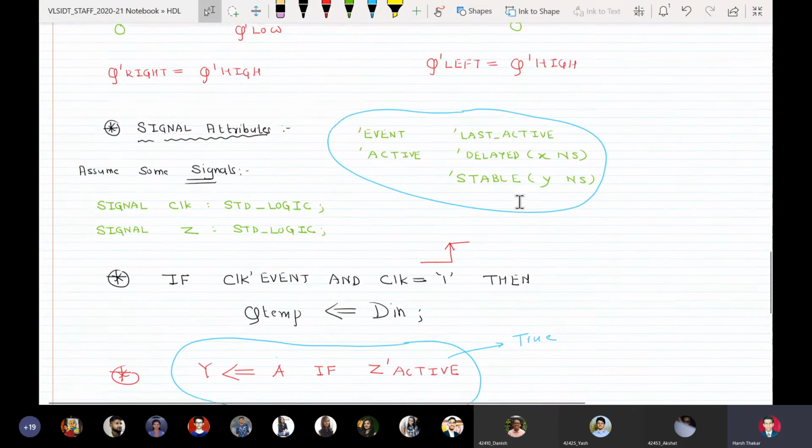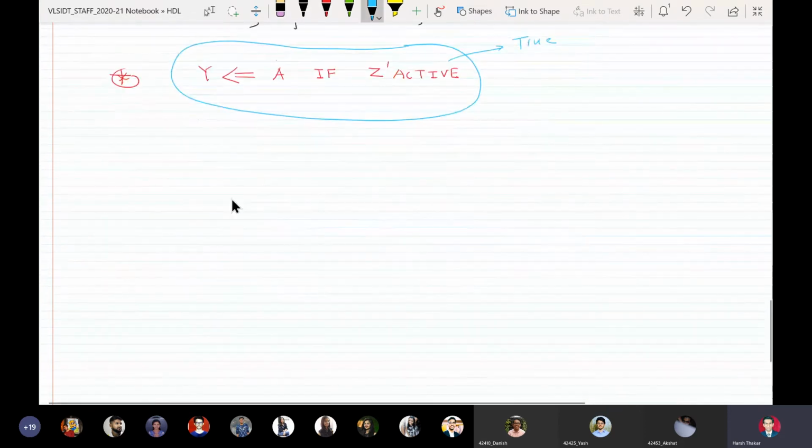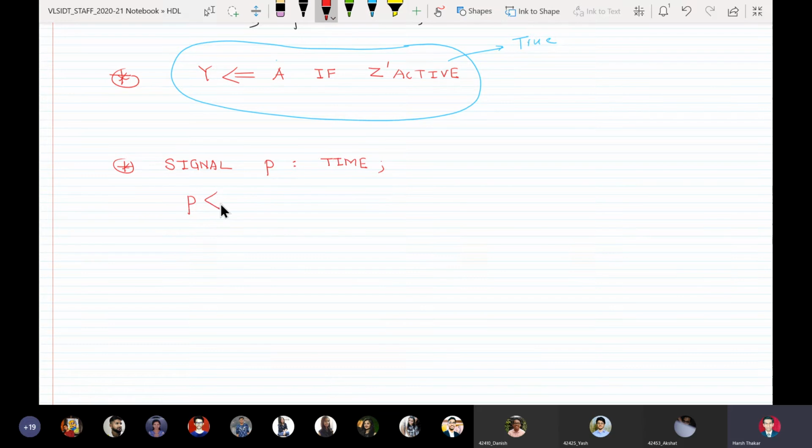Last active. Okay, so example of last active would be, okay, so we will say signal P colon time semicolon, and we will say P is assigned Z tick last underscore active. Okay, please see this very carefully, semicolon.